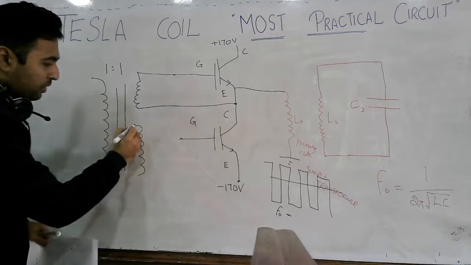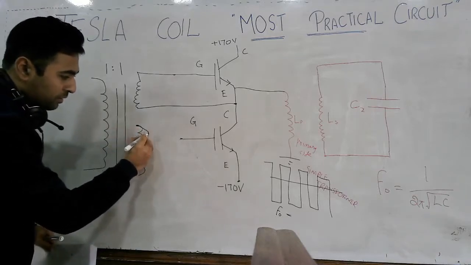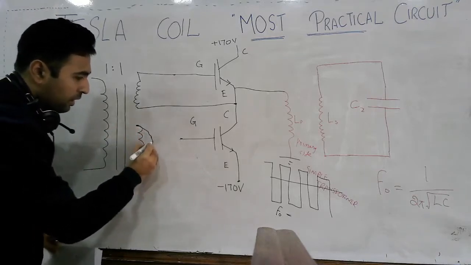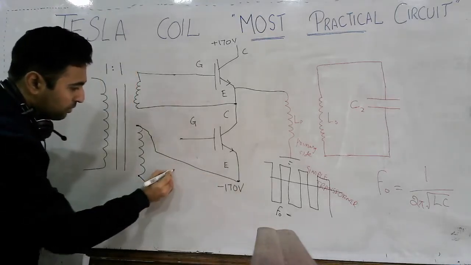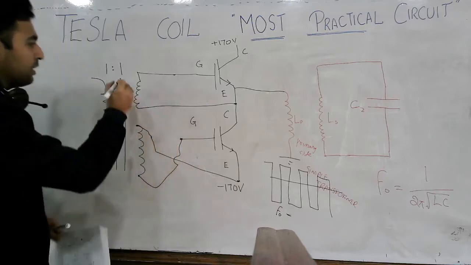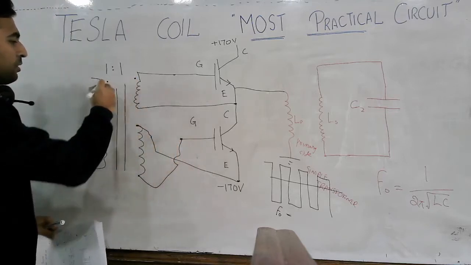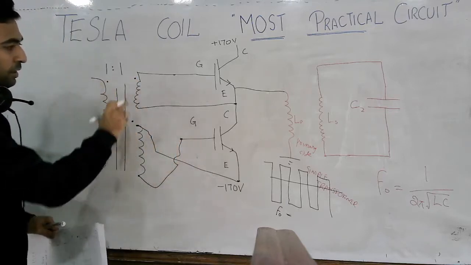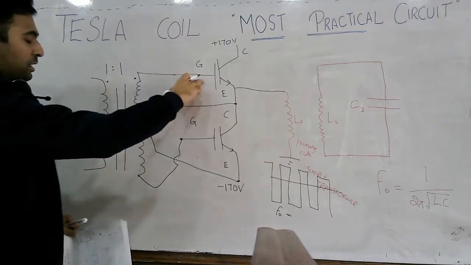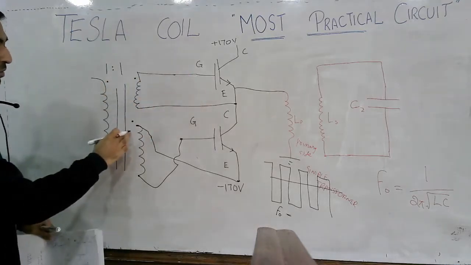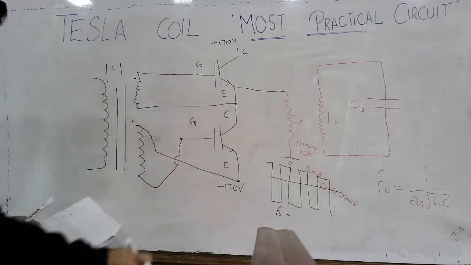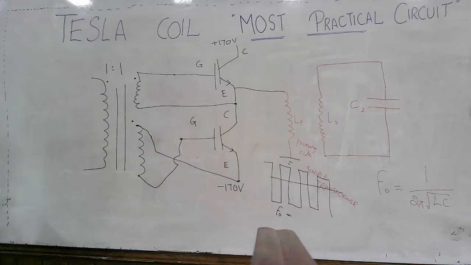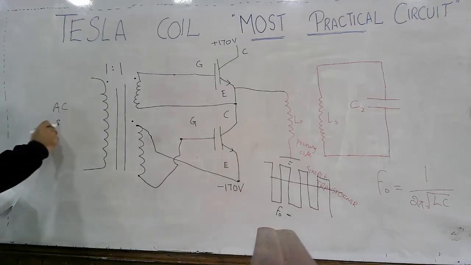Now what we are going to do, we will connect this dotted end with this side, and it will be connected to this side. Here this is the dot and the dot. Here the dotted end is connected directly with the gate, but the dotted end of the second winding is not connected with the gate, rather it is connected with the emitter. And here you have the AC supply.